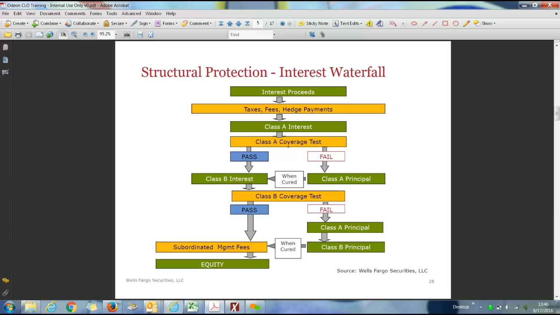So if the test passes, fine. B gets paid interest. If the test fails, then the interest goes to Class A principal. It becomes a principal payment to the Class A's and pays them down until the test cures, okay? And then B is going to get interest. And that's how all these tests work all the way down.